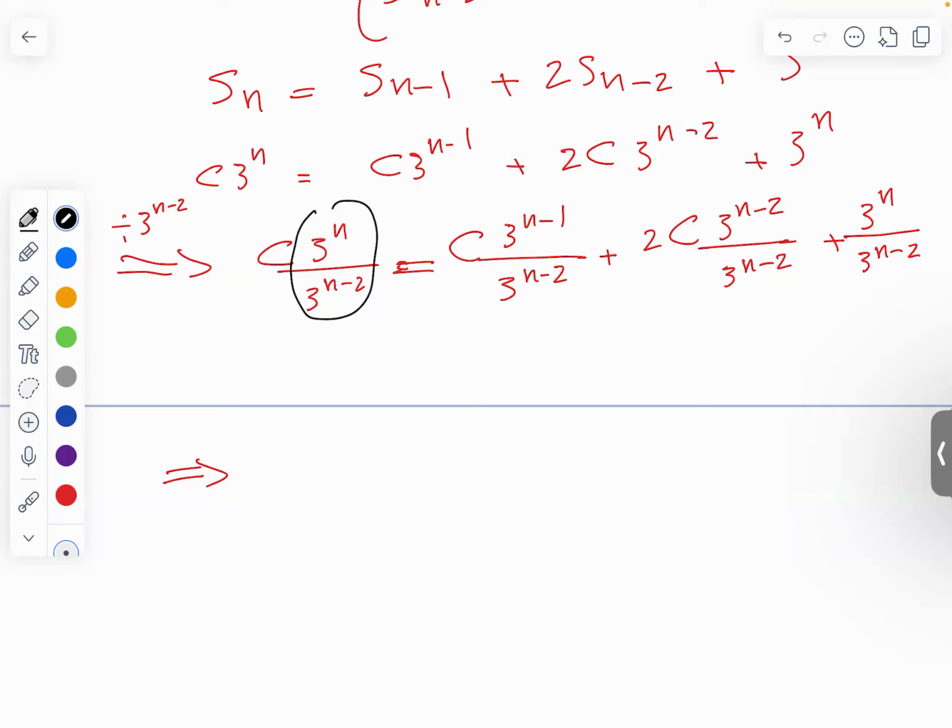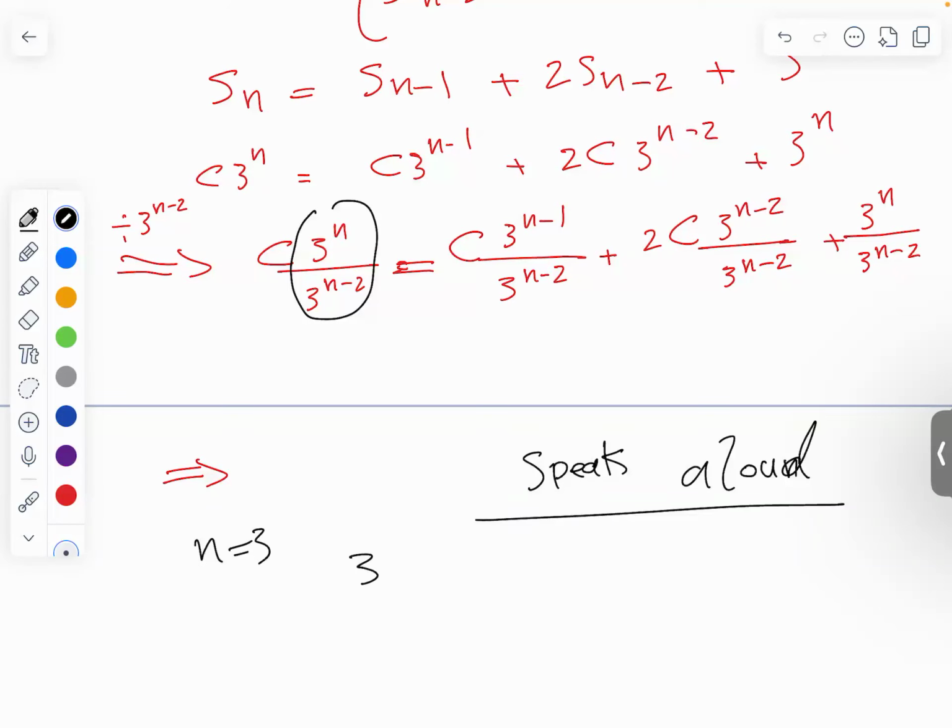You don't need a calculator. Okay. What is n equal 3? 3 power 3 over 3 power 3 minus 1. Sorry, this is 2, so 1.